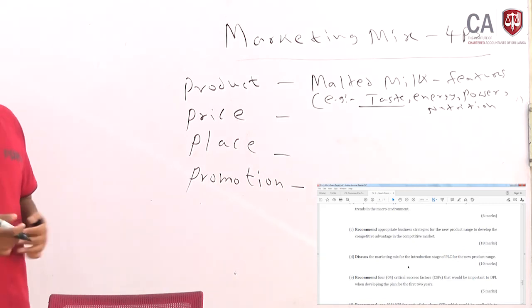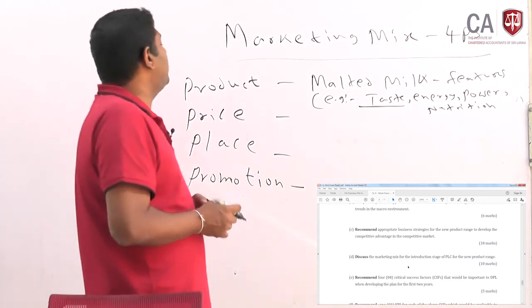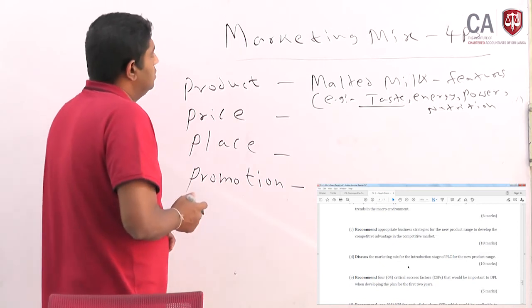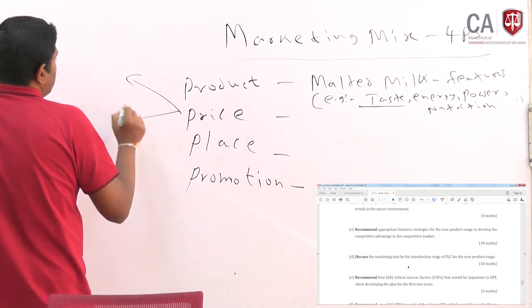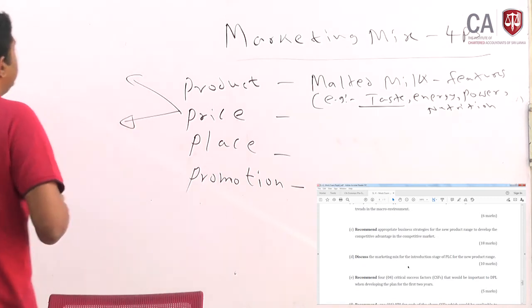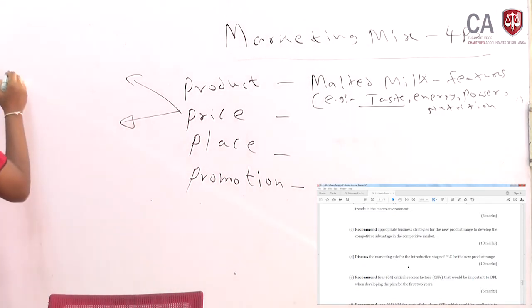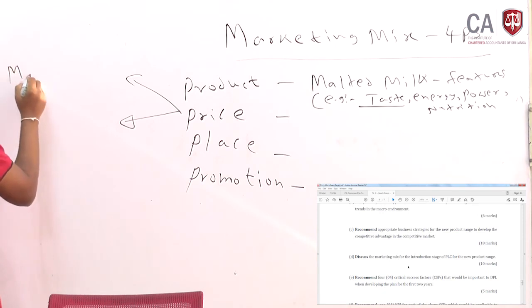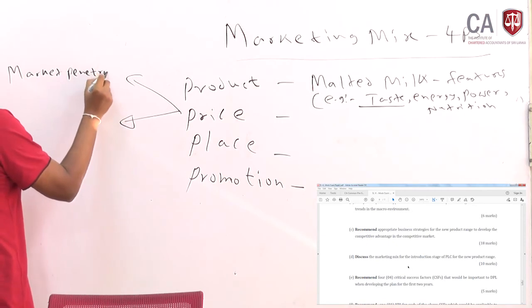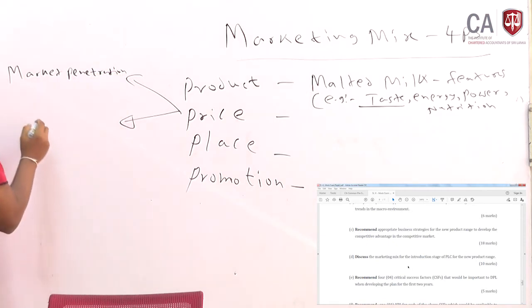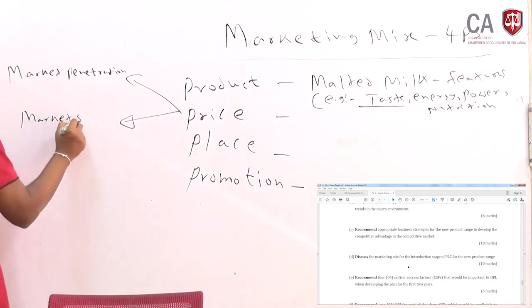Then price. In relation to price, normally you can apply 2 strategies. What are the 2 strategies you can apply? One is market penetration strategy, the other one is market skimming strategy.